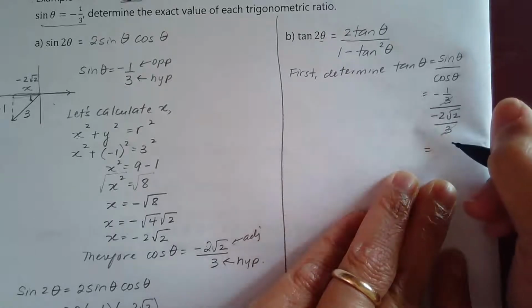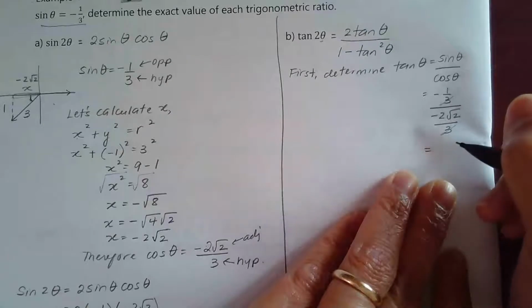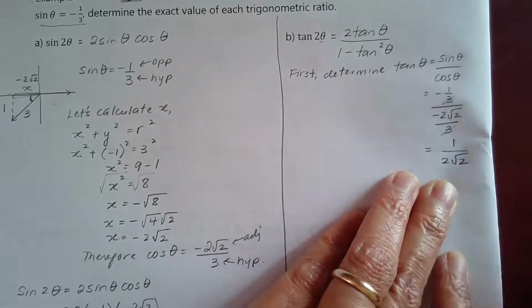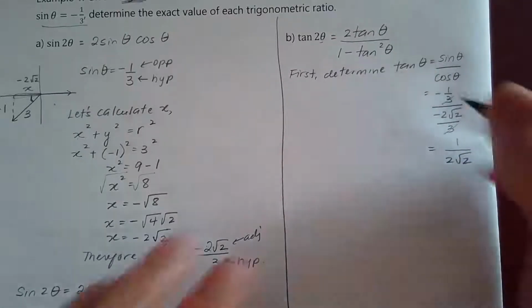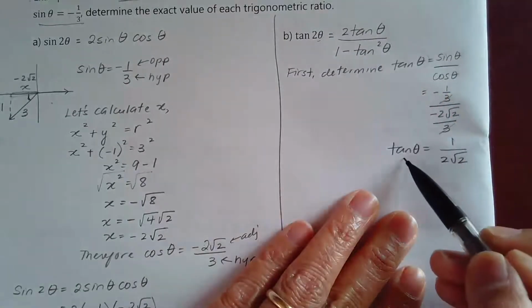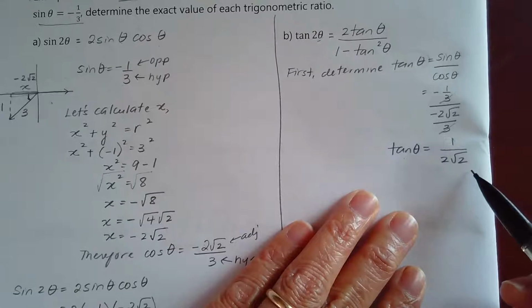Negative 1 over negative 2 root 2 is the same thing as 1 over 2 root of 2. Okay, so now we know that tan theta is equal to 1 over 2 root of 2.